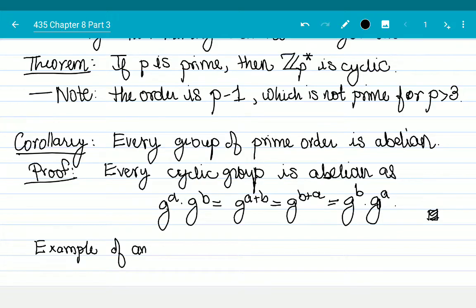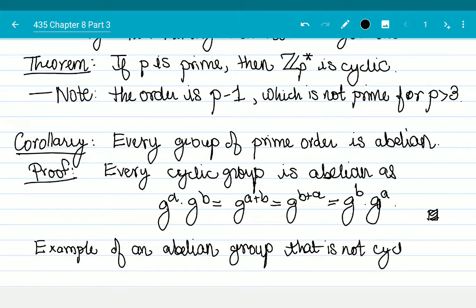Example of an abelian group that is not cyclic. Okay.